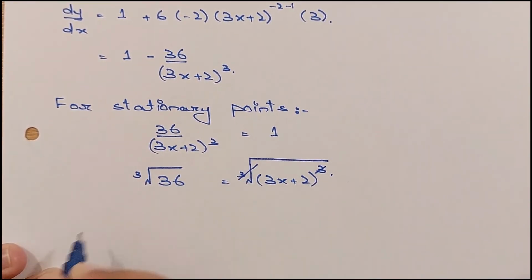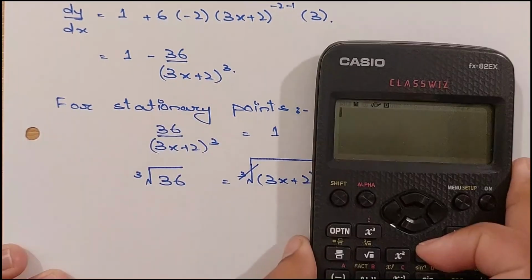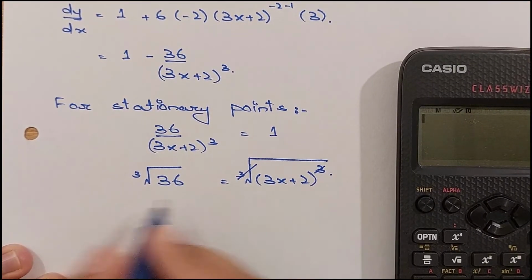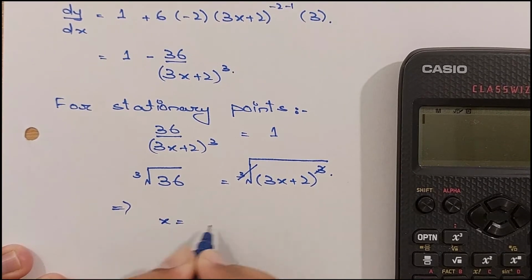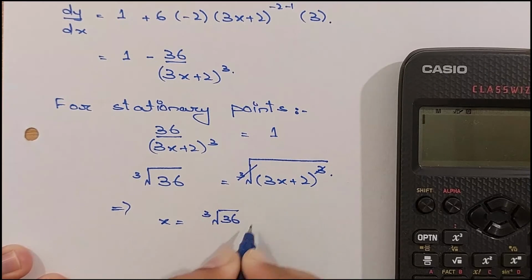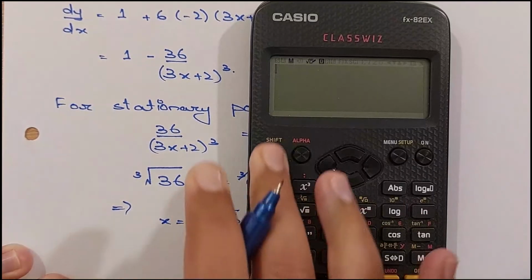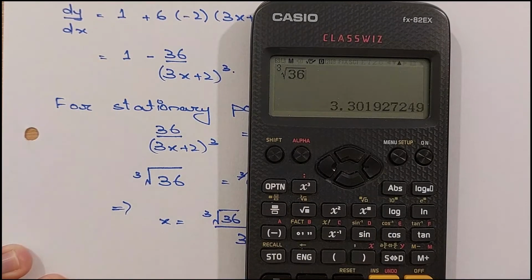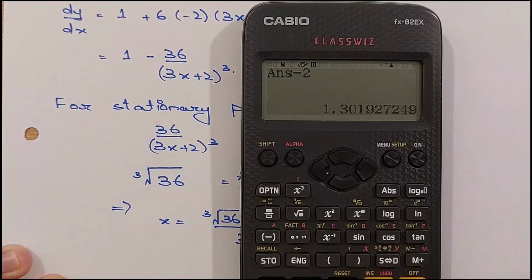The cube and cube root cancel. So x equals the cube root of 36, then subtract 2 and divide by 3. So x is the cube root of 36 minus 2, divided by 3.